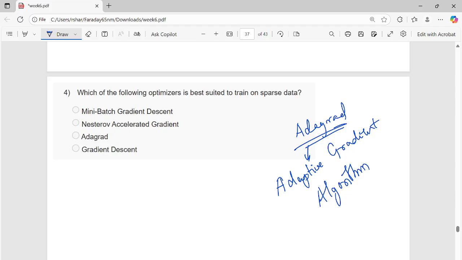This is particularly well suited for sparse data, that is, datasets with many zero values such as text or recommendation systems, because it adapts the learning rate for each and every parameter individually. Because of this, it works well for sparse datasets.